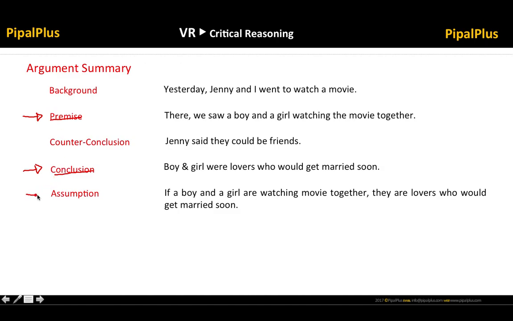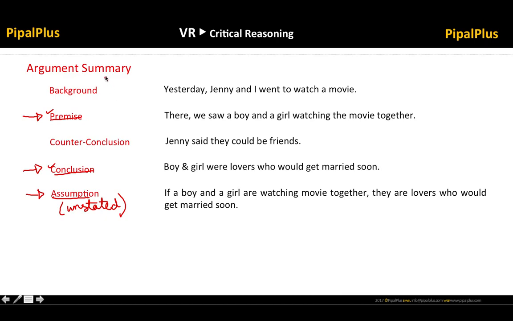Then assumption. Assumption is typically the unstated. It is the unstated bridge that links premise and the conclusion. You would recall that if the premise in general is true, then the conclusion in general must be true. Okay, so that's assumption. It is typically unstated. Again, it forms the pillar of a critical reasoning argument. It forms the link between the premise and the conclusion.